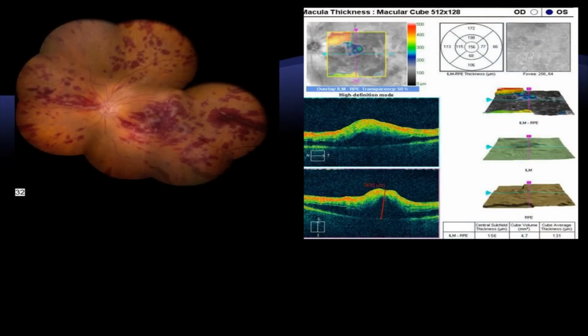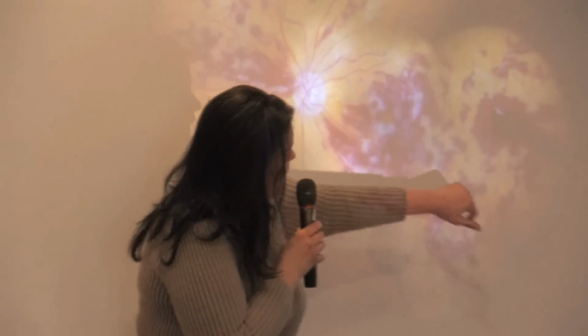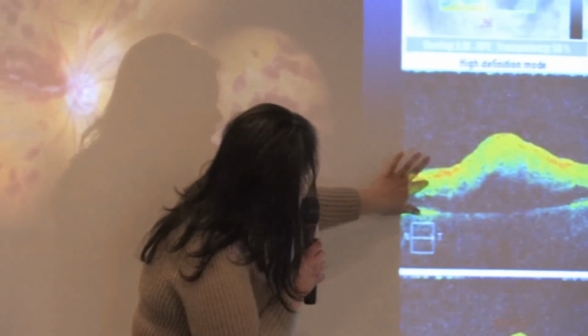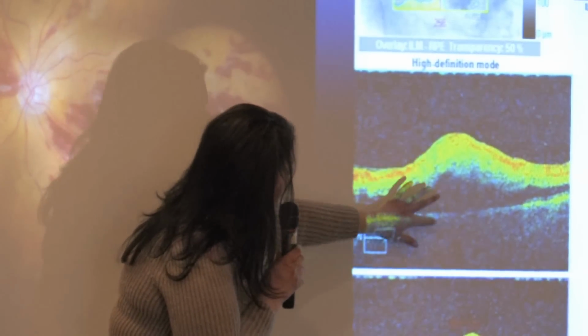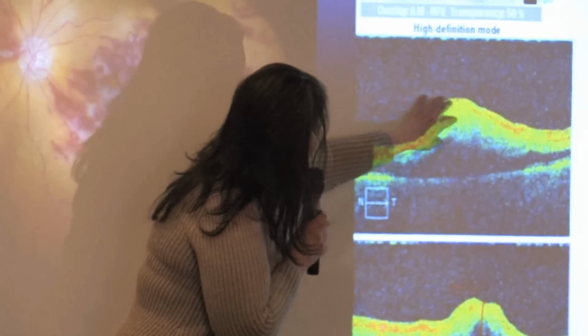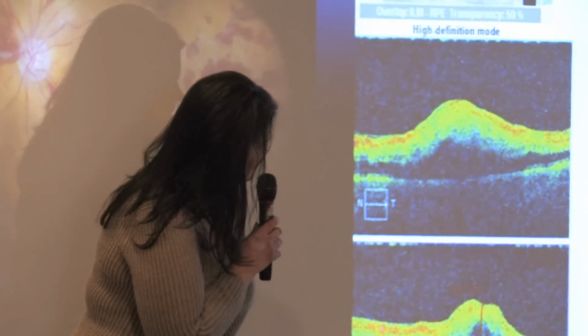Plus, with OCTs, we can see blood. So this is a patient where you see this blood here, and then the blood is over here on the OCT. OCT doesn't necessarily go through blood. It absorbs the light, but we'll still get a shadow defect over here. Any questions so far? Yeah.